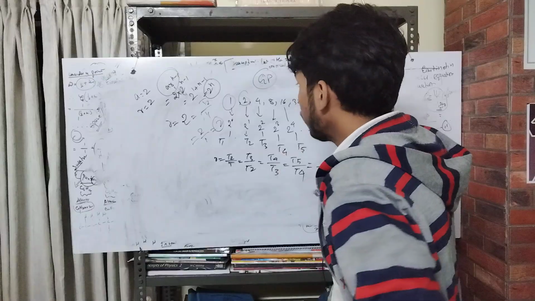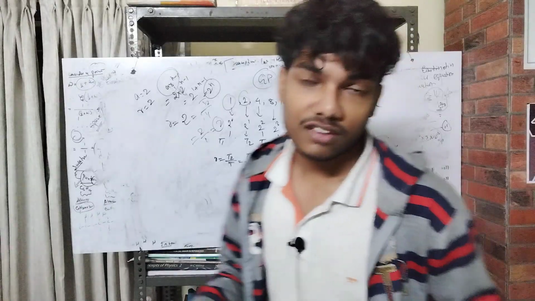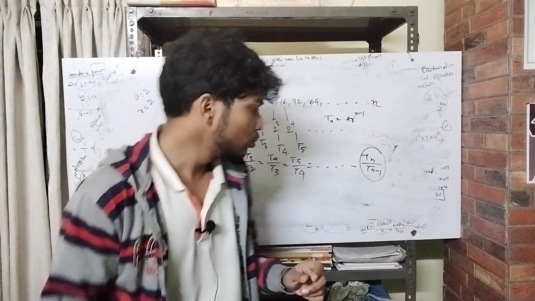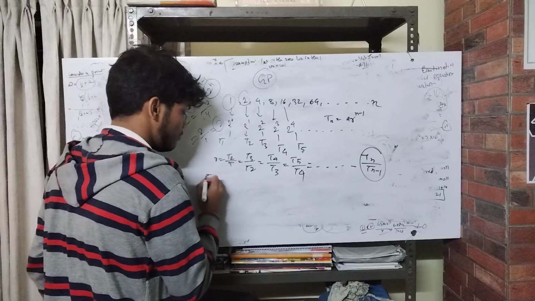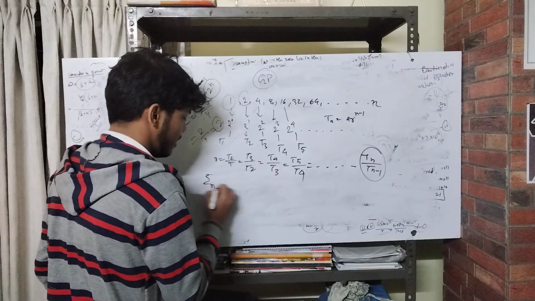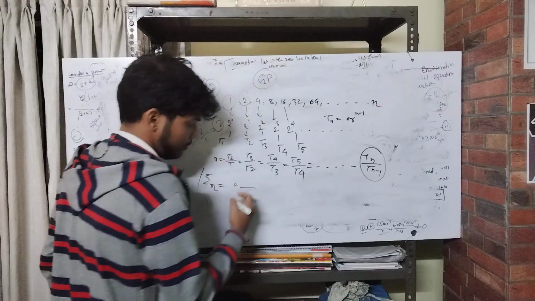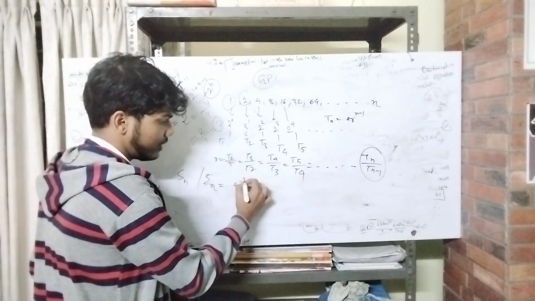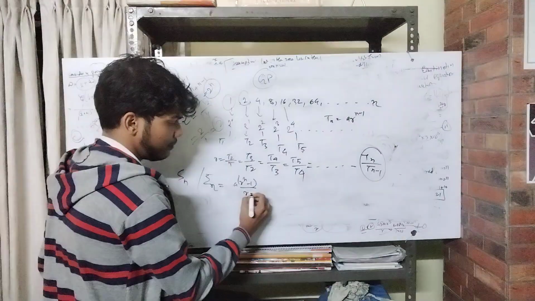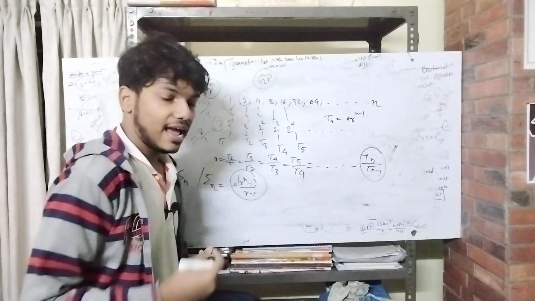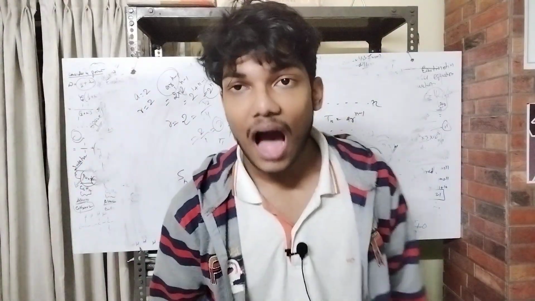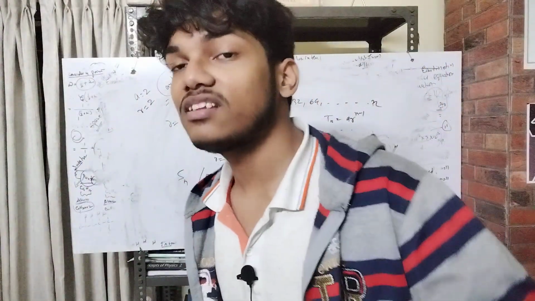Now just like the AP, you will be told to find the sum of this sequence. The sum of the sequence will be written as sigma n or Sn equals a (r^n - 1) by (r - 1).